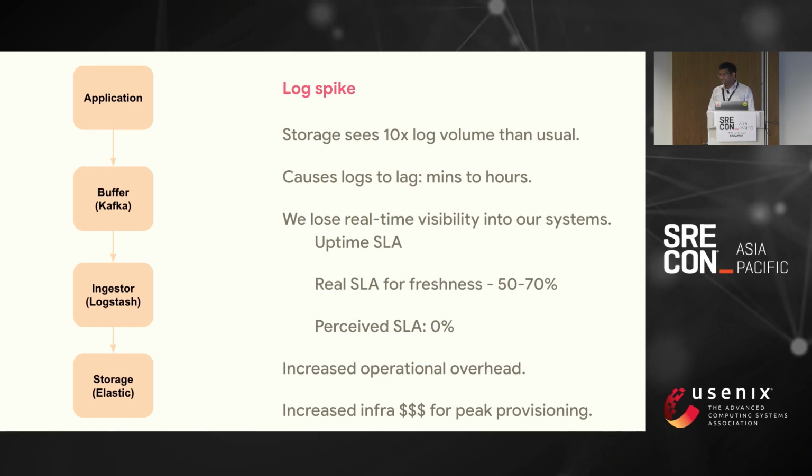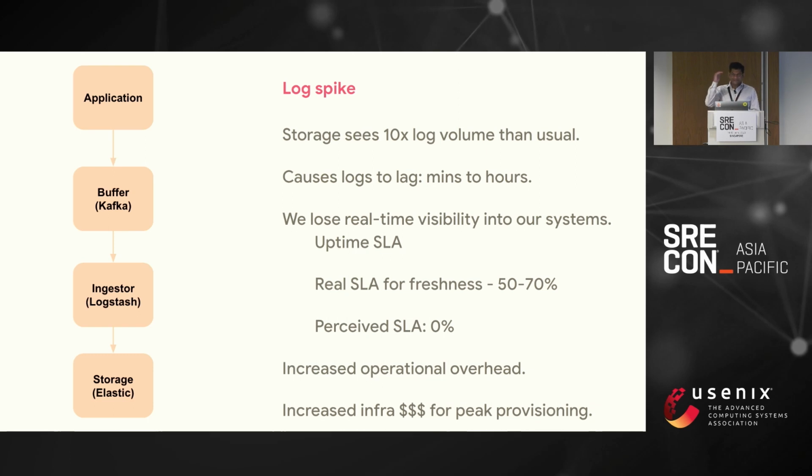And we dug in to find out what was going on. And here is what we found out. During an incident, you would get a log spike, and the log spike would cause logs to lag. As a result, every time there was an incident, there were no fresh logs for our users or engineers to query.